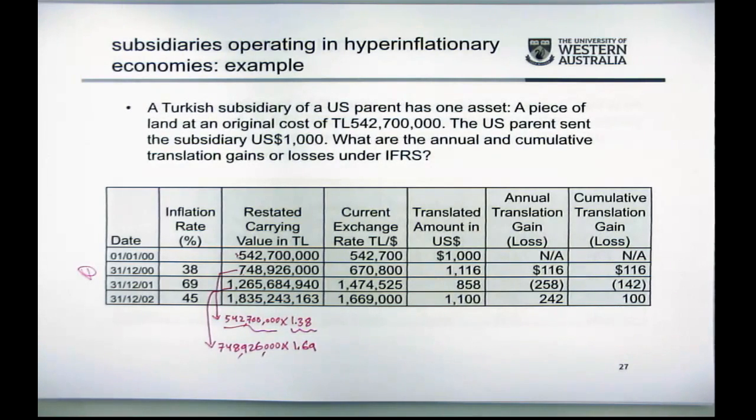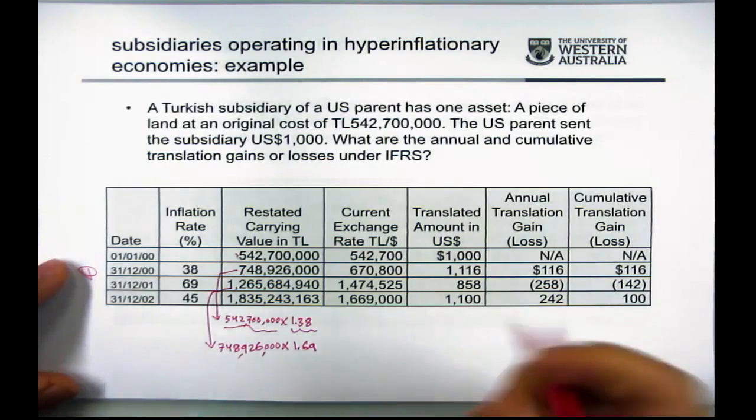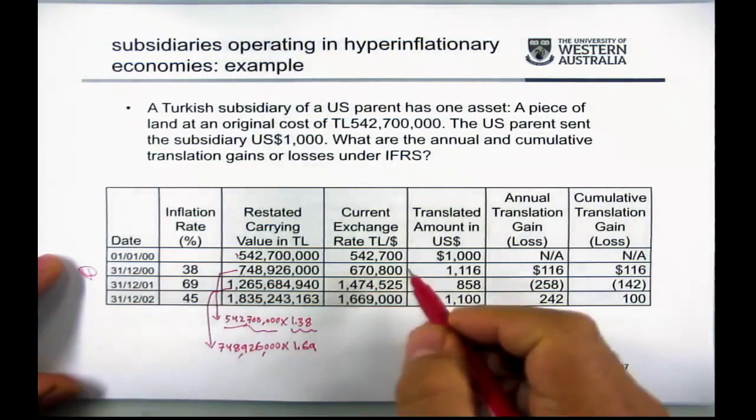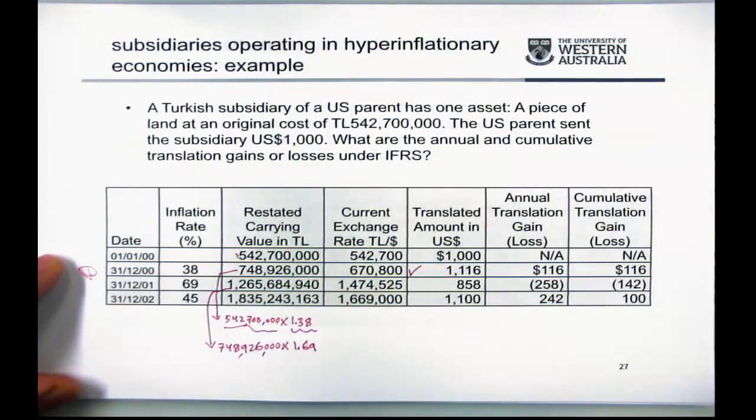The next step is to translate the inflation adjusted value at the current exchange rate on the balance sheet date. So in this year, this was the exchange rate at that time.